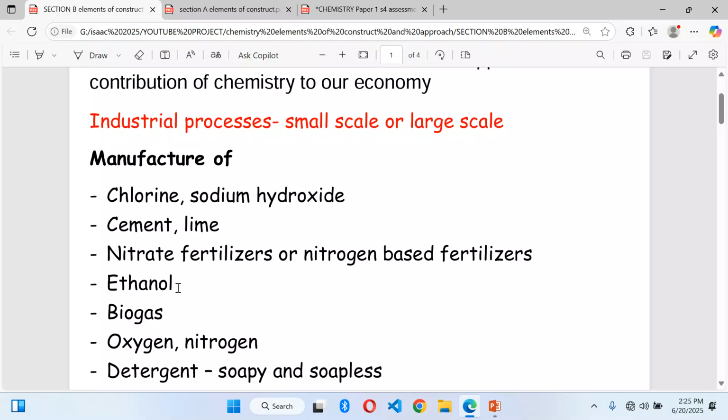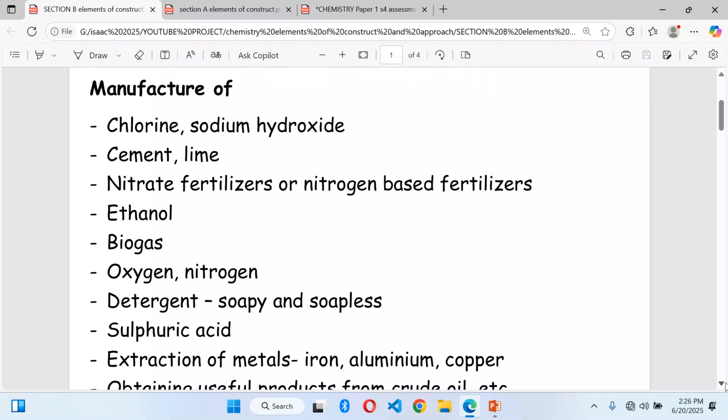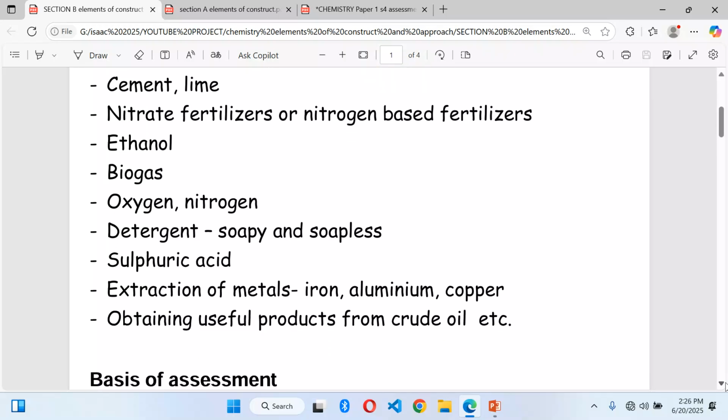It is covered in senior 3. We have biogas. We have oxygen and nitrogen in senior 1. So all the manufacture, anything about manufacture from senior 1 to senior 4, can be assessed under item 3, item 4, section B. You can see all of them are here.